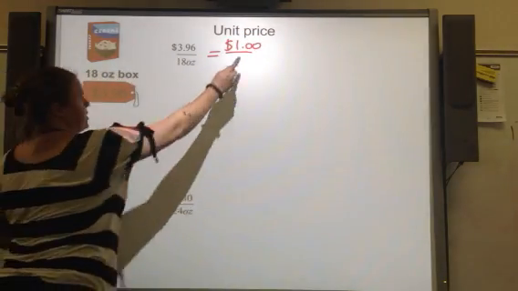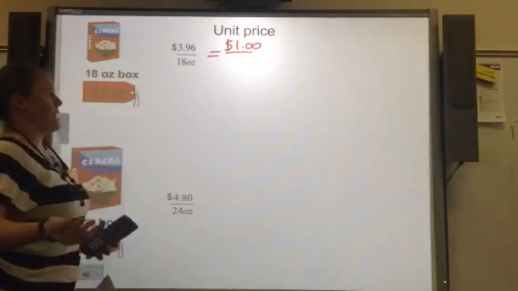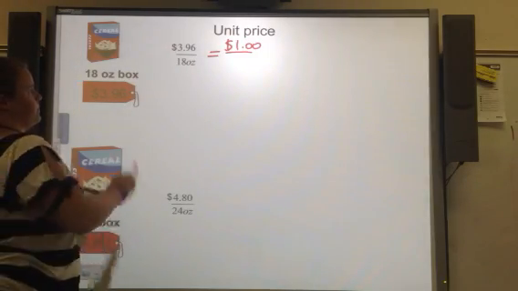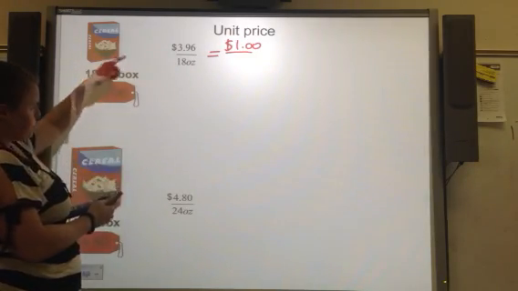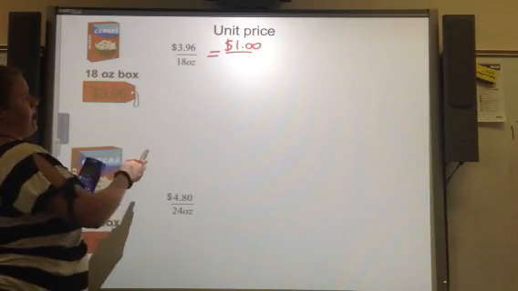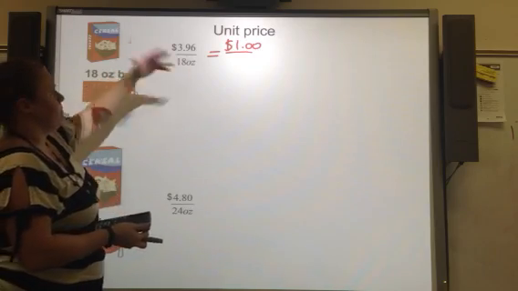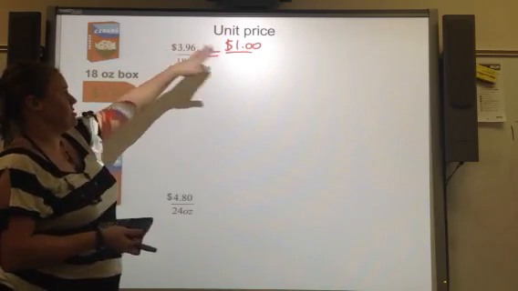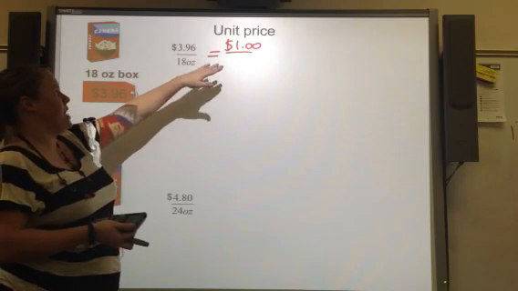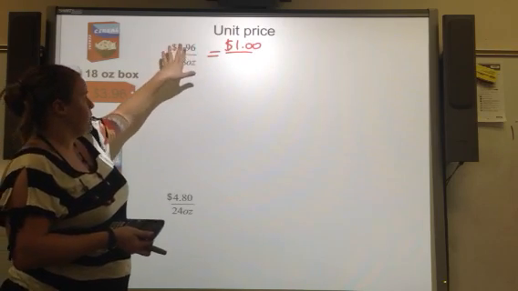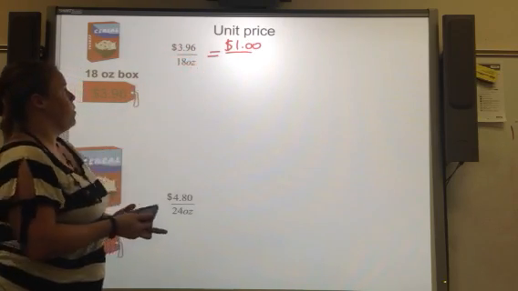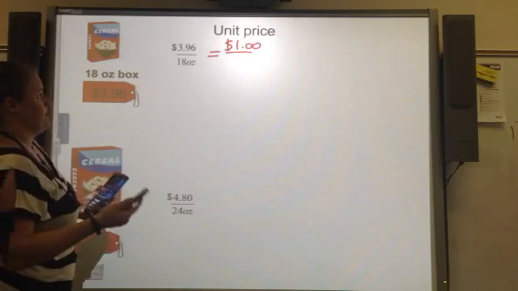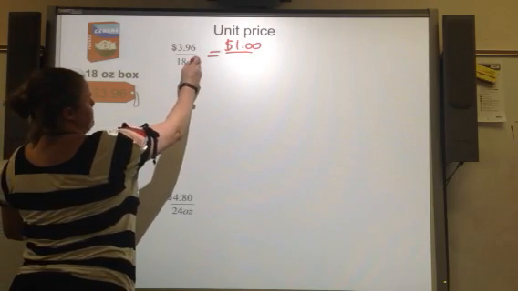So my variable that I'm trying to figure out is how many ounces I can purchase for $1. So this time, I have to figure out, thinking back to ratios and equivalent fractions, how did I get from $3.96 to $1? Well, this time I divided $3.96 divided by 1. And obviously that's $3.96. So I do the same thing down here.